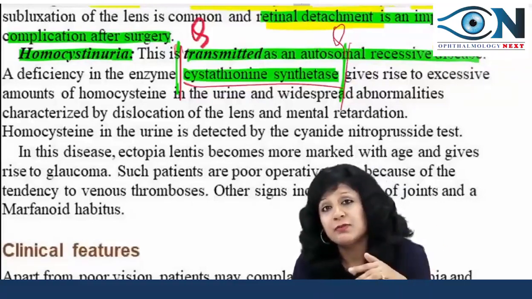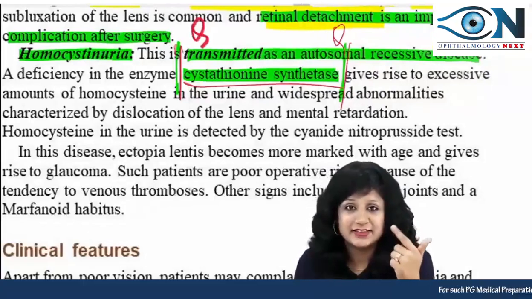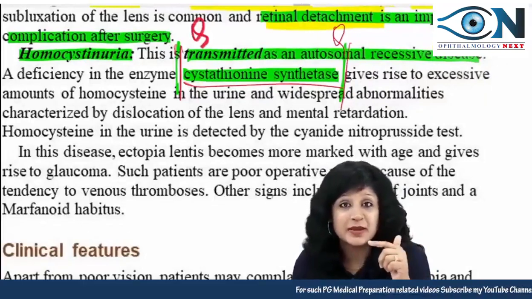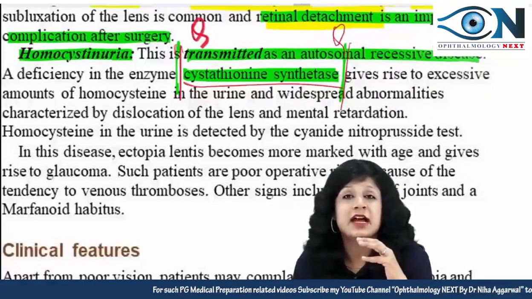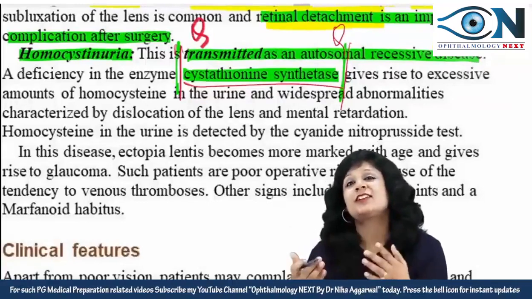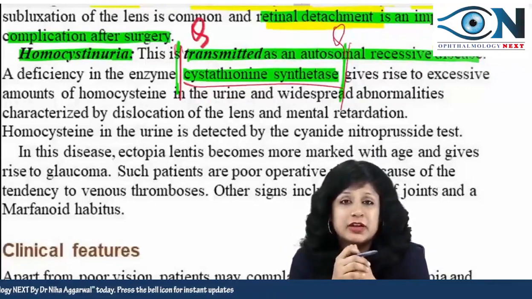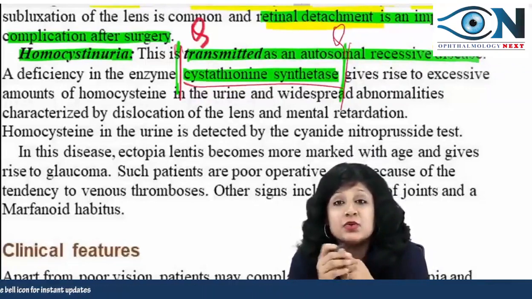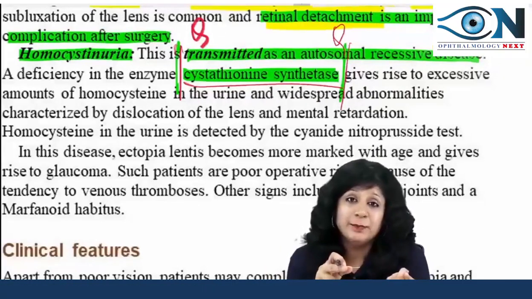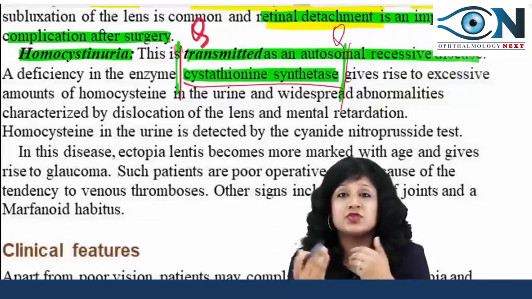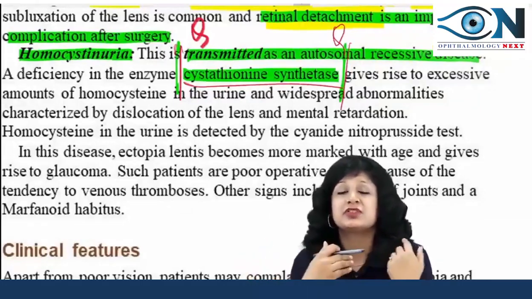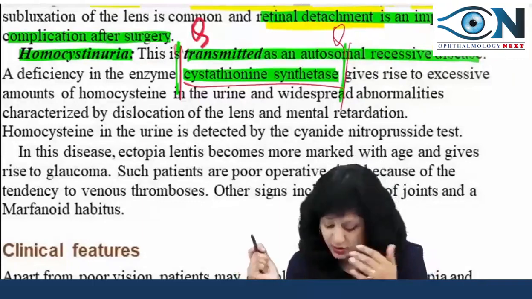So when we read ophthalmology, I do remind you that this could also be asked. Maybe it's not 100% sure that they are always asking you ectopia lentis as a cause of homocystinuria. They can be asking you the enzyme deficiency also, making an integrated question, giving you the systemic features, the genetic inheritance pattern and so on.